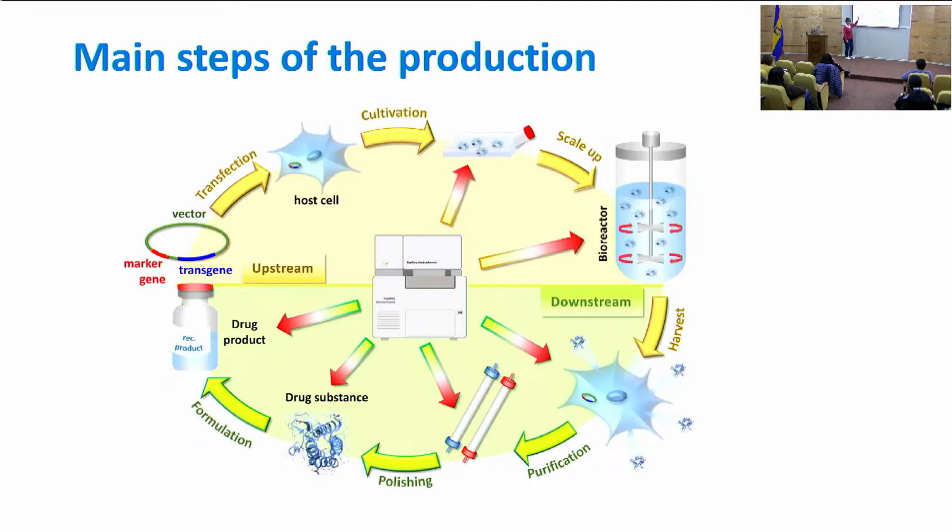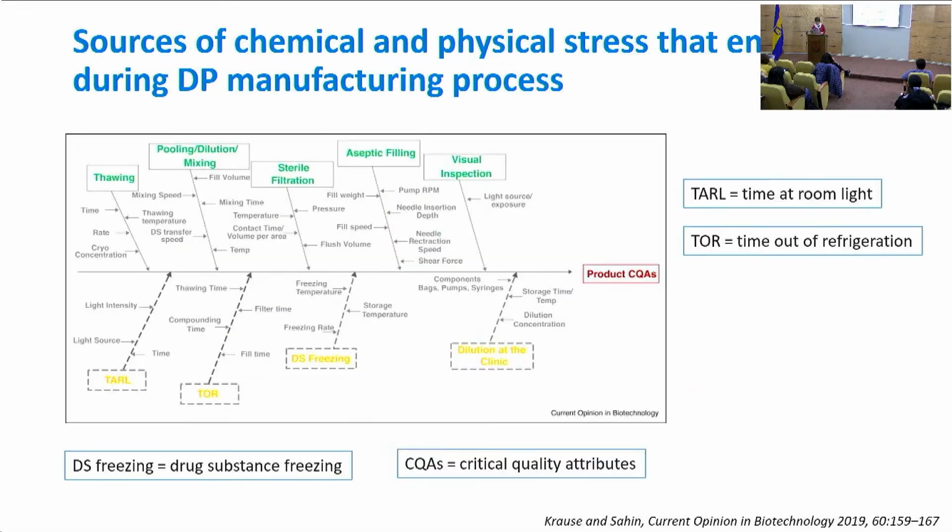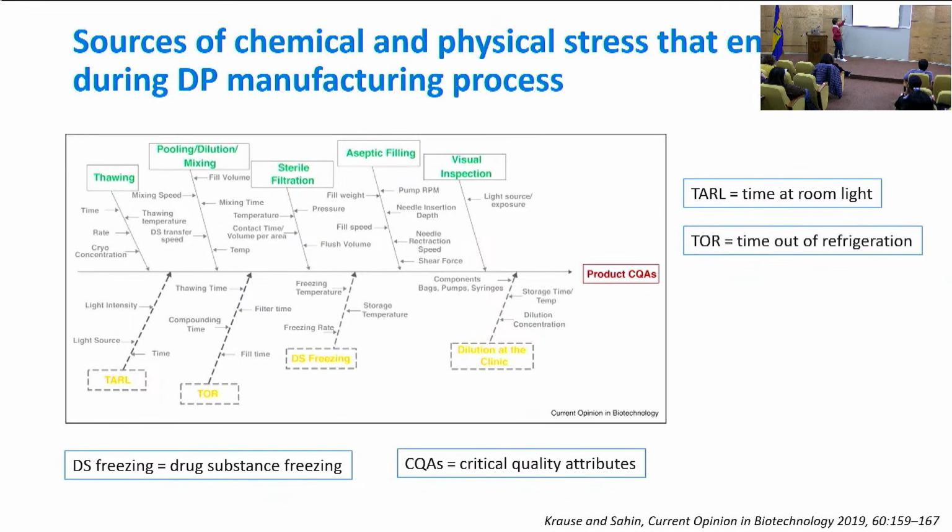So it's different, and in the drug product, the molecules are not all identical, as well as in the drug substance, in fact. So here, in this schematic representation, you can find all the sources of chemical and physical stress that arise from the drug product manufacturing process.